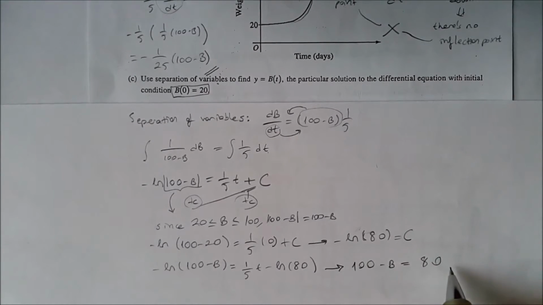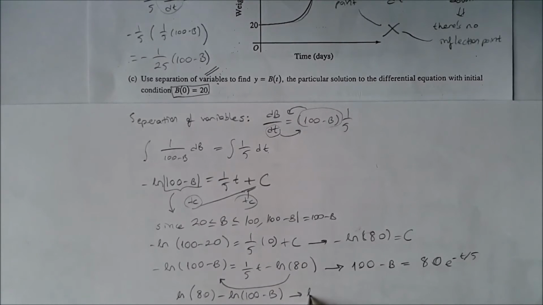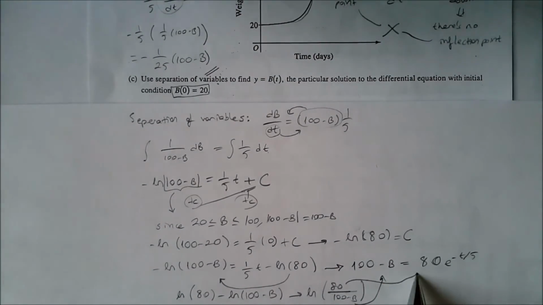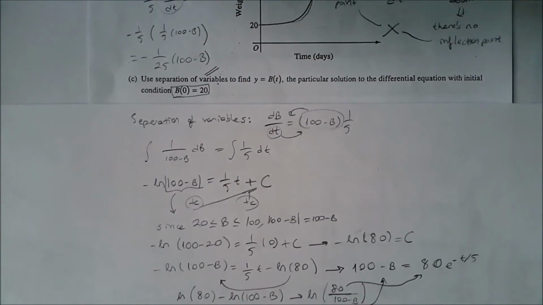All we need to do right now is to leave b alone. So 100 minus b is equal to 80e to the power negative t over 5. If we take a look at the background of it, if we take ln 80 to the other side, we get ln 80 minus ln in parentheses 100 minus b, and according to the properties of logs, we get ln in parentheses 80 over 100 minus b.